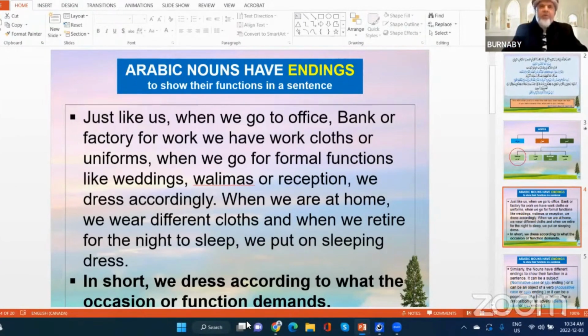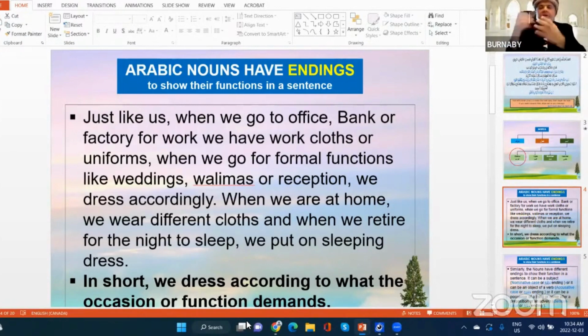When you go to school or office, you have other clothing. When you go to a party or function, you may have additional clothing. But the person inside the clothes is the same, right? Your hala, your state, changes based on where you are and what you're doing.